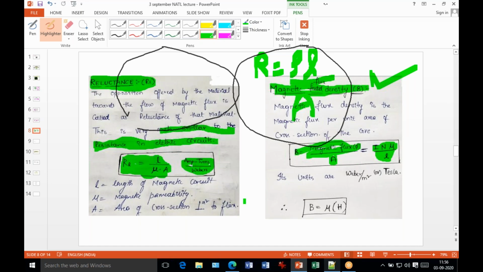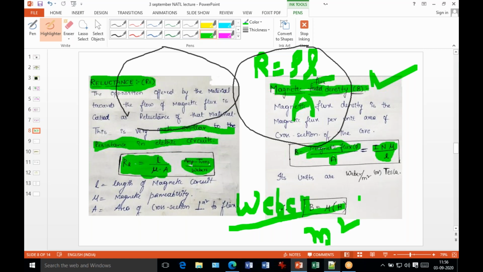What is the unit? You know the unit of phi is the Weber. Area is length multiplied by width, meter multiplied by meter, so that is meter square. That's why the unit is Weber per meter square. So this is the general formula of the magnetic flux density.